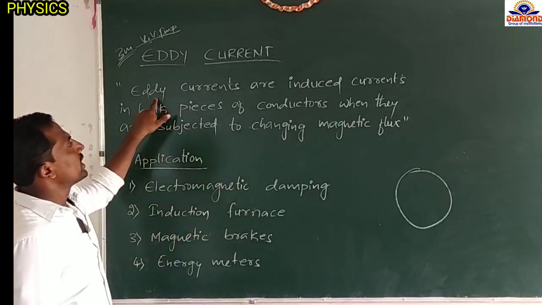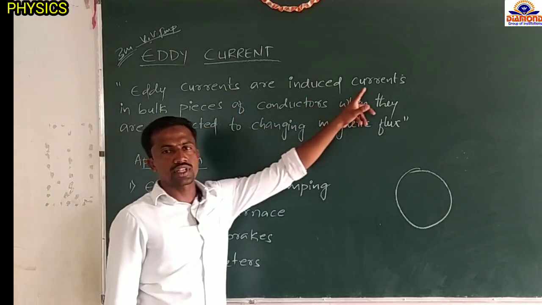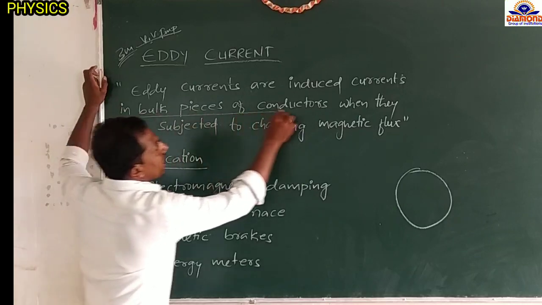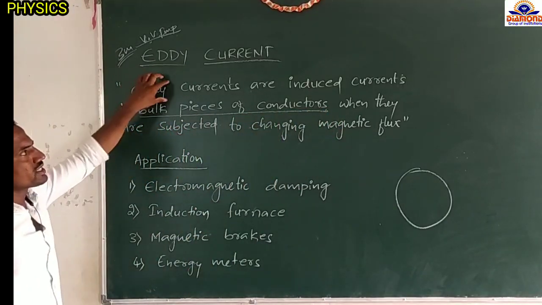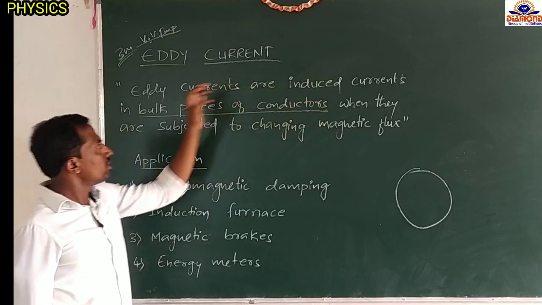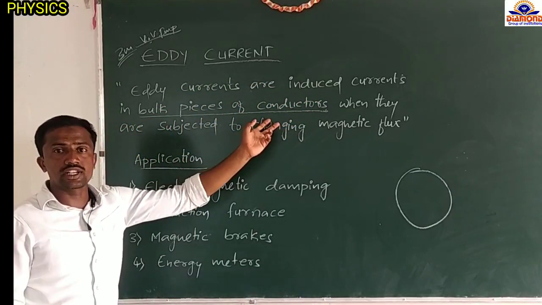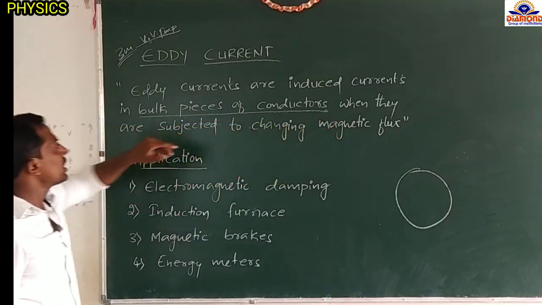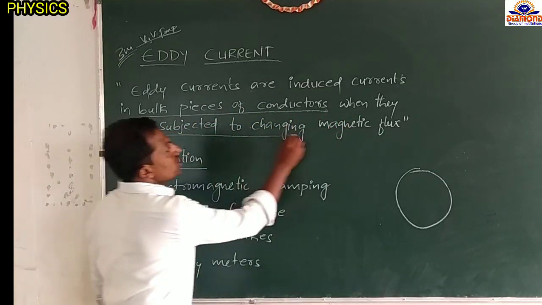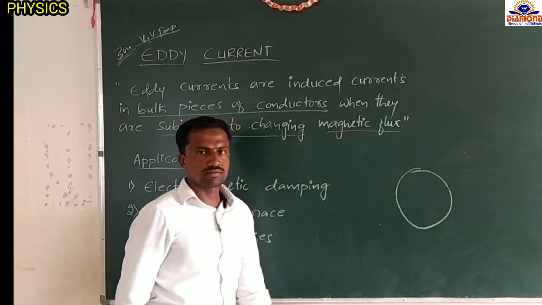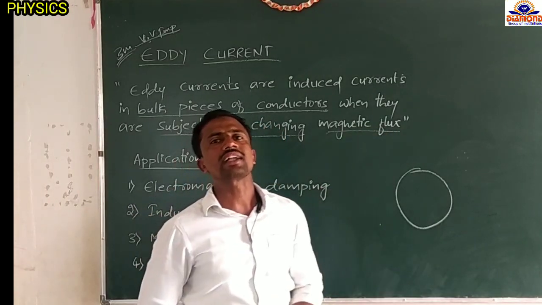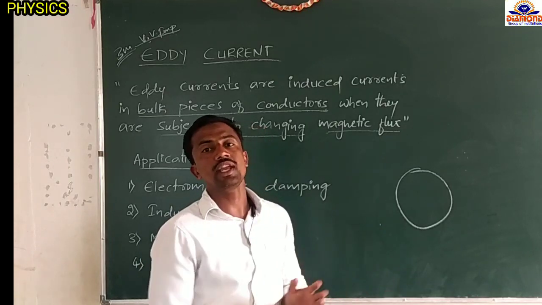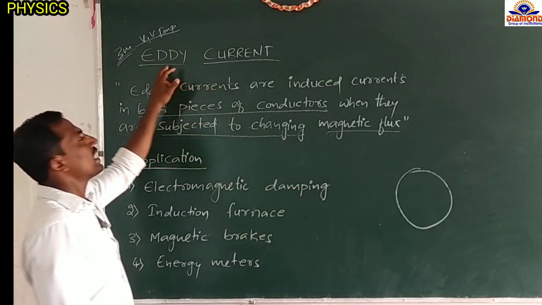The definition is: eddy currents are induced currents in a bulk piece of a conductor when they are subjected to a change in magnetic flux. We place that conductor in a magnetic flux, meaning the current will be induced. That current is called eddy current.